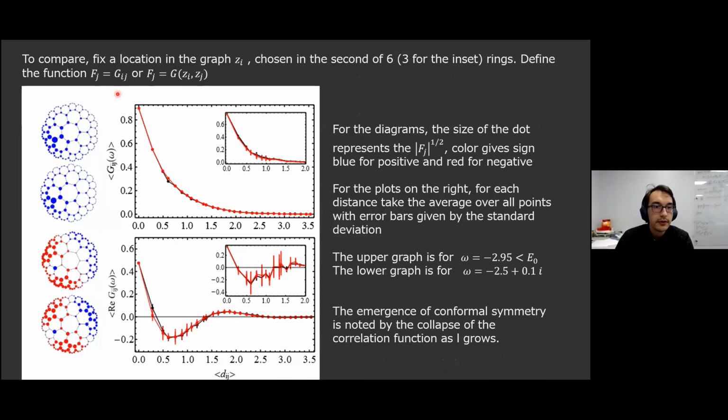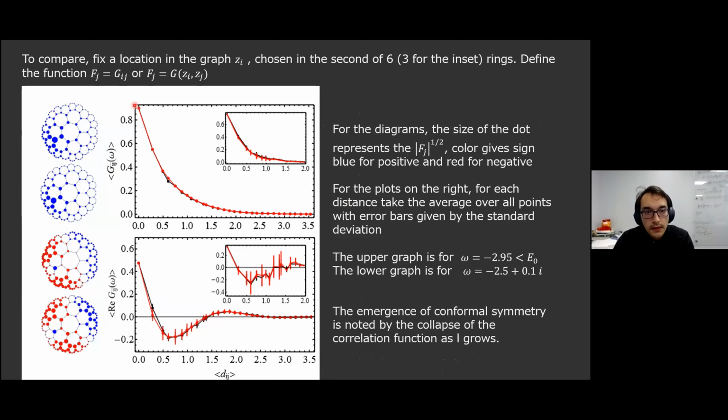So now if we compare what the correlation function gives, the diagrams on this side, by the size of the dot, represent the norm of the correlation, and the color gives the sign. This one is for the lattice, this one is for the continuum system, and these two panels are given for different energies, but they are the same.